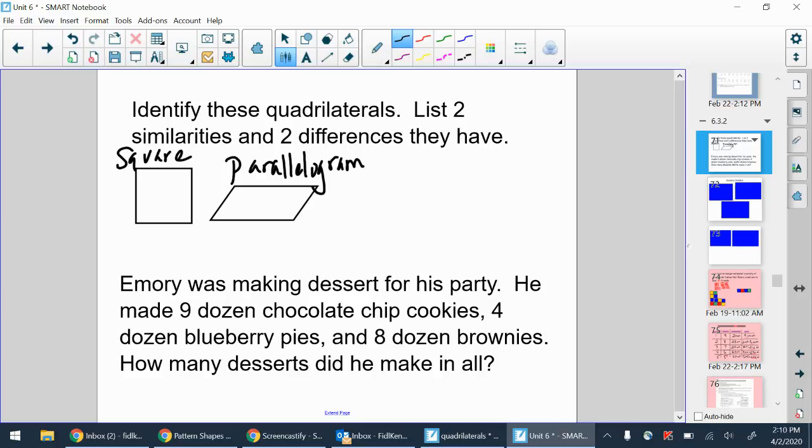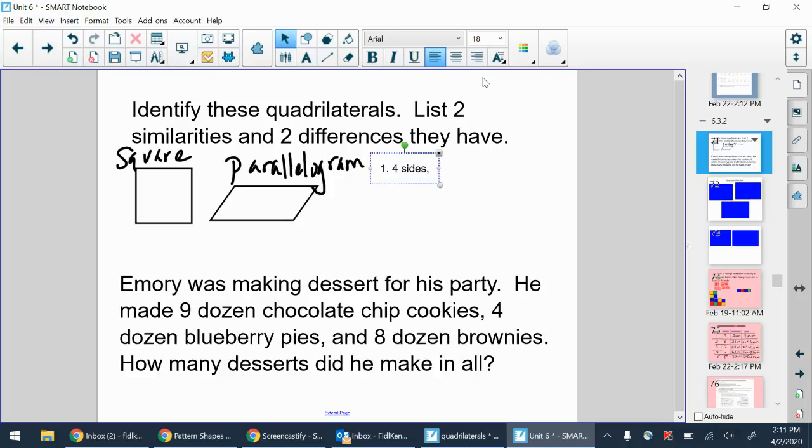Where do they go? Okay, so for similarities, things that I found they have in common. One thing that they have in common is that they both have 4 sides.